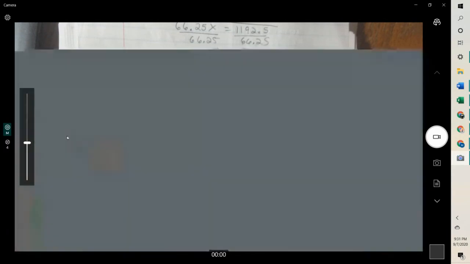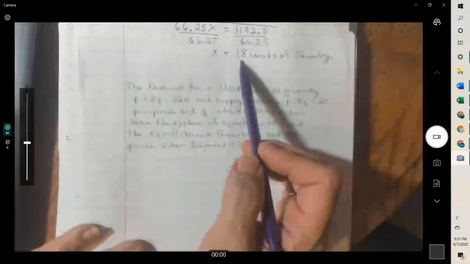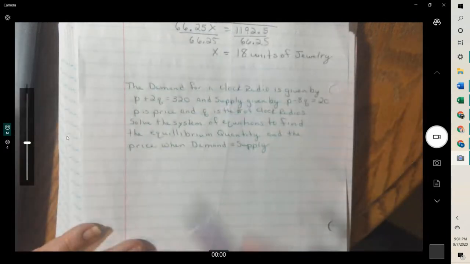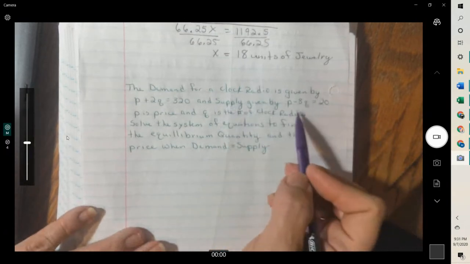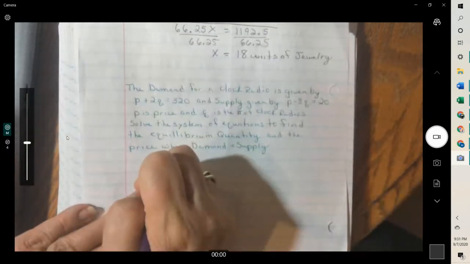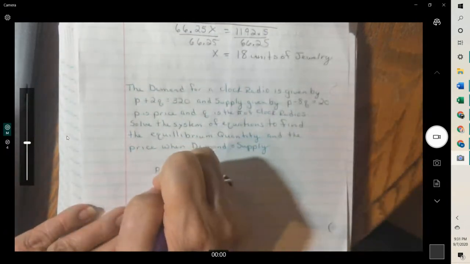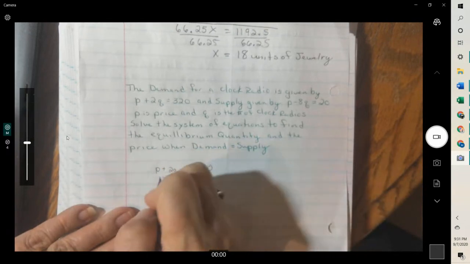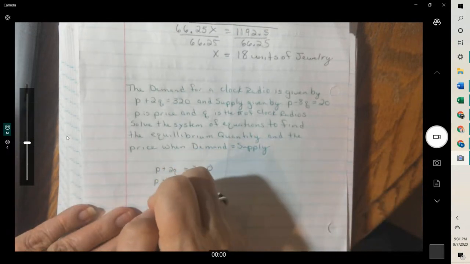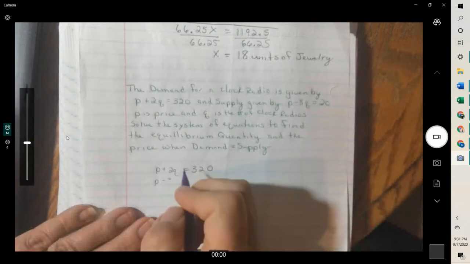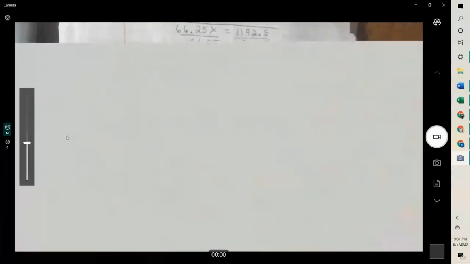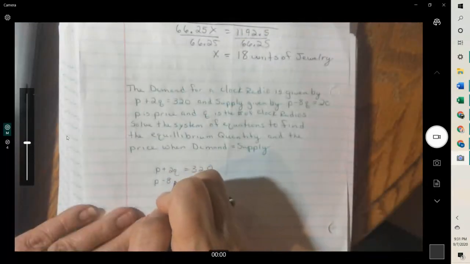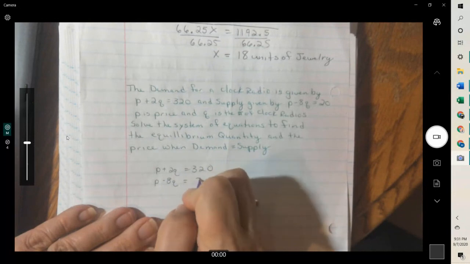The other one just said break-even quantity, so you only need a quantity. We have two equations: P plus 2Q equals 320, and P minus 8Q equals 20.